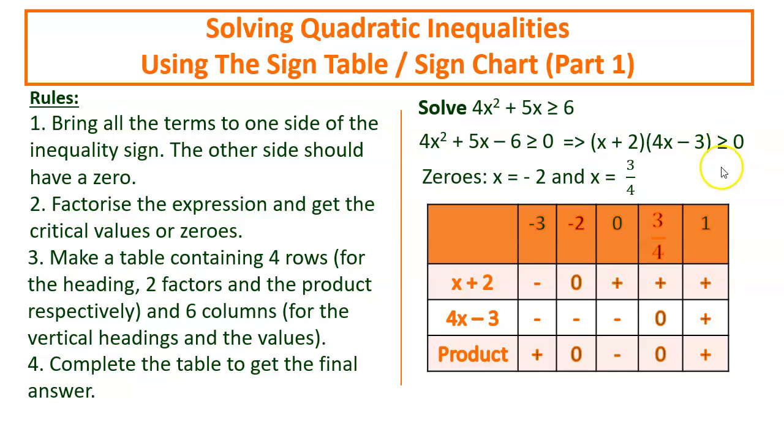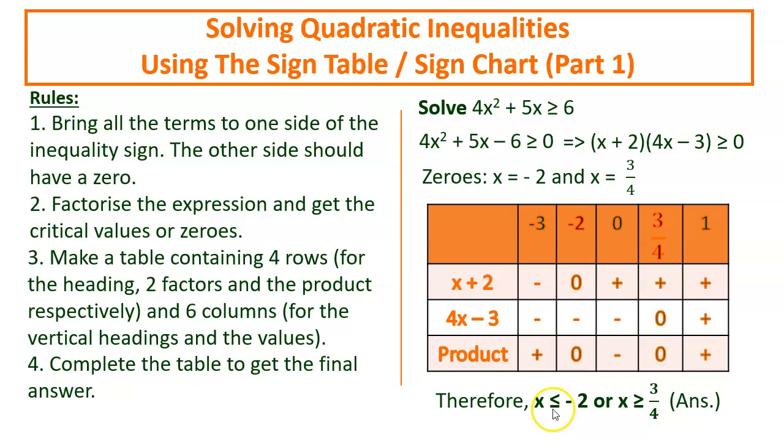Okay. So therefore our final answer will be x is either less than or equal to negative 2, equal to because we have to take negative 2 because of this equality sign. This is the 0, and all numbers which are lying to the left of negative 2.